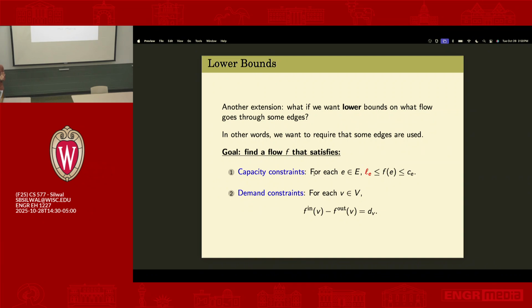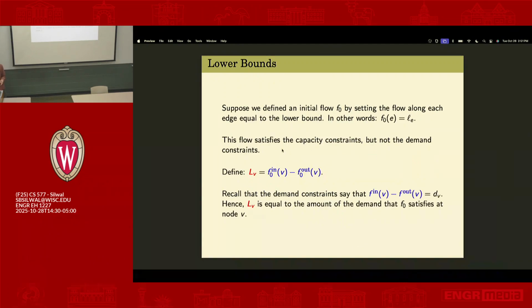It may also not satisfy conservation, because I'm just starting by putting some things on every edge. It may not be that flow in equals flow out. But at least if I define this initial flow by putting the lower bound value on every edge, that will satisfy the lower bound constraint.